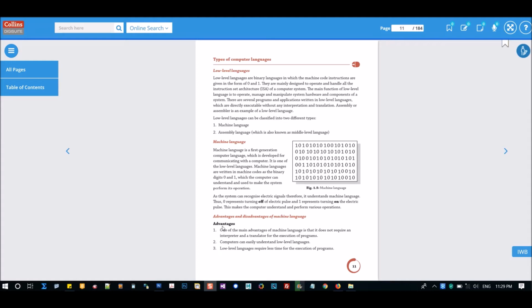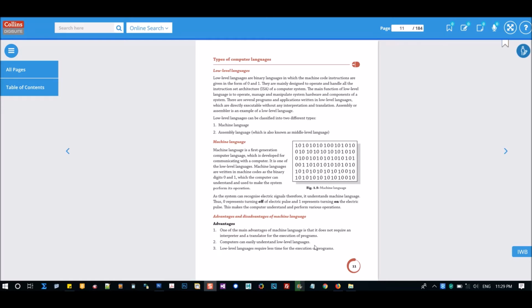So here we have the advantages of the machine language. One of the main advantages of machine language is that, as I said earlier, it doesn't require an interpreter or translator for executing the program. Second, the computer can easily understand the low level language. Since it is 0 and 1, we can easily control the flow of electric pulse.